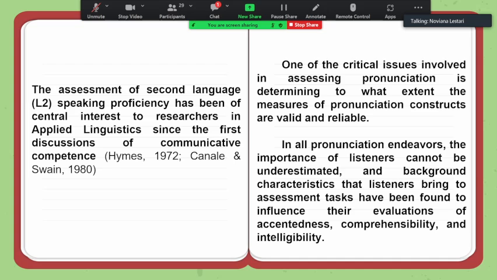The assessment of second language speaking proficiency has been of central interest to researchers in applied linguistics since the first discussion of communicative competence. However, research on pronunciation was marginalized, in part due to its association with discrete aspects of oral production.